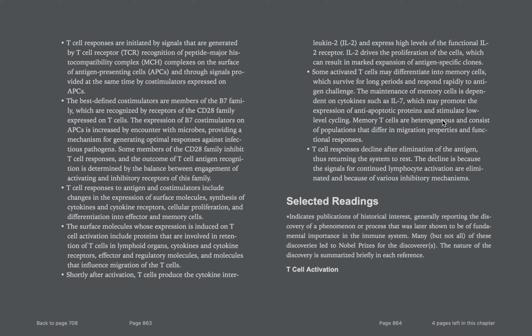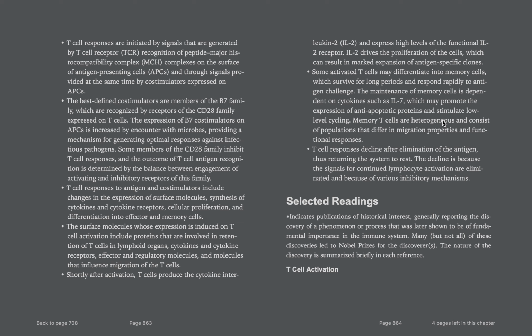The best defined costimulators are members of the B7 family, which are recognized by receptors of the CD28 family expressed on T cells. Expression of B7 costimulators on the antigen presenting cell is increased by encounter with microbes, providing a mechanism for generating optimal responses against infectious pathogens.